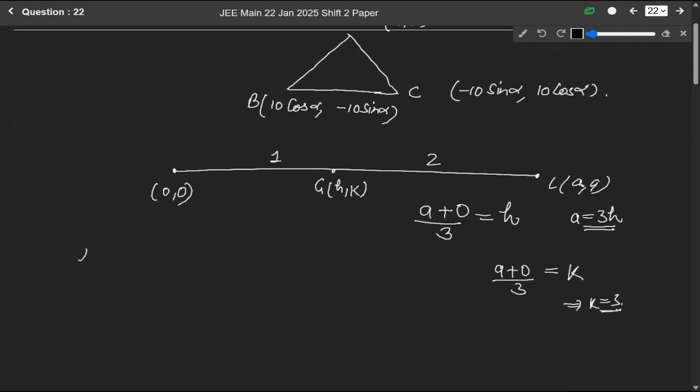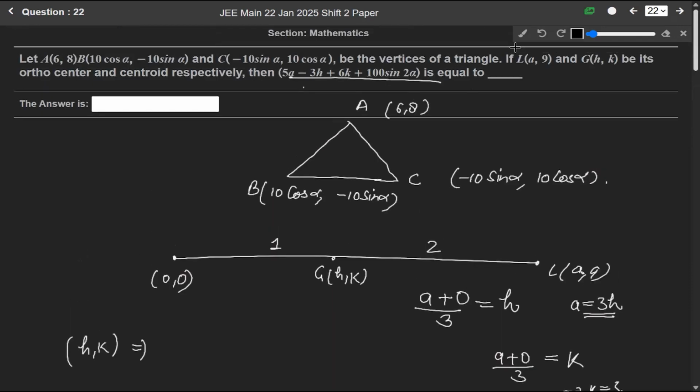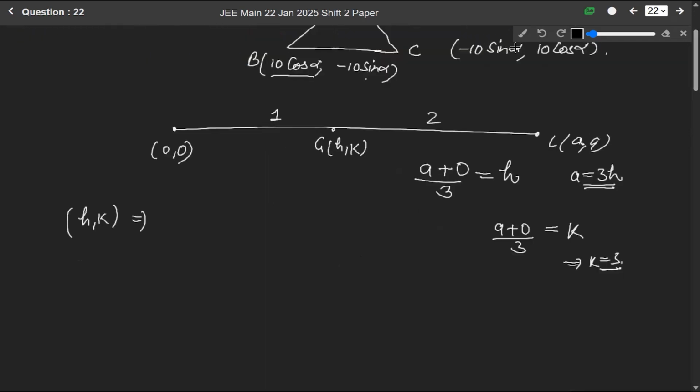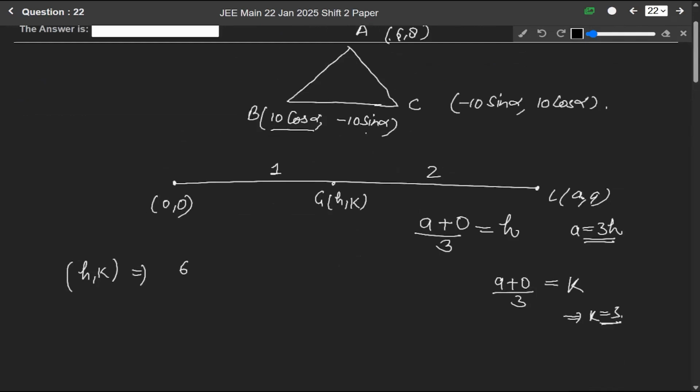So (h, k) will be equal to (6 + 10 cos alpha - 10 sin alpha) over 3, comma, (8 - 10 sin alpha - 10 cos alpha) over 3.